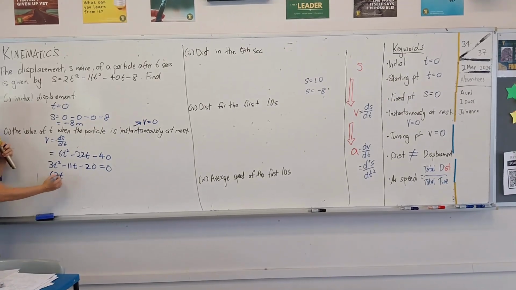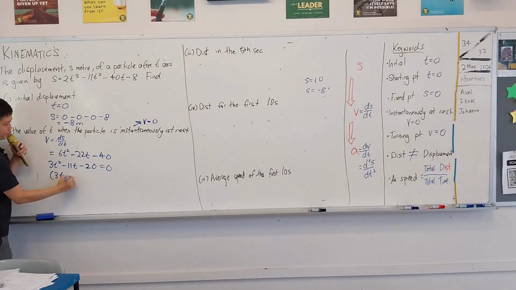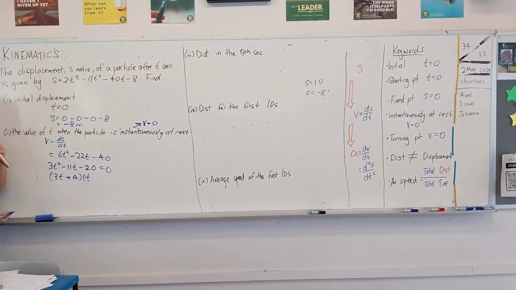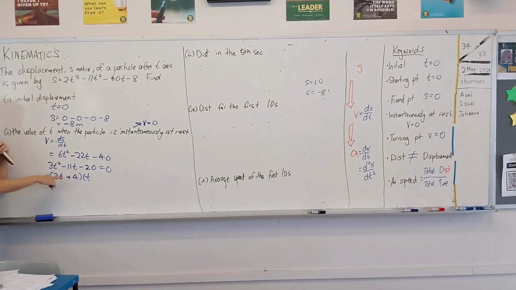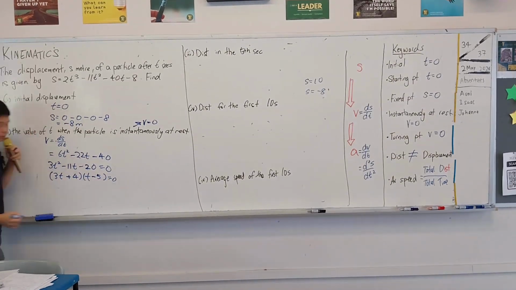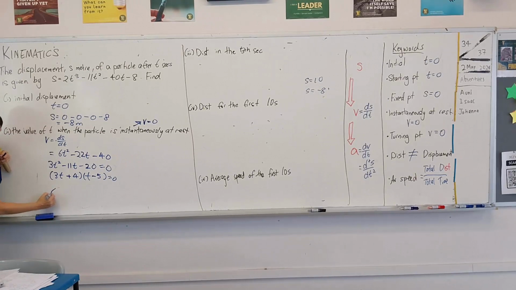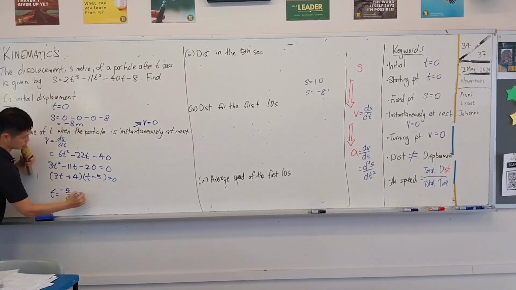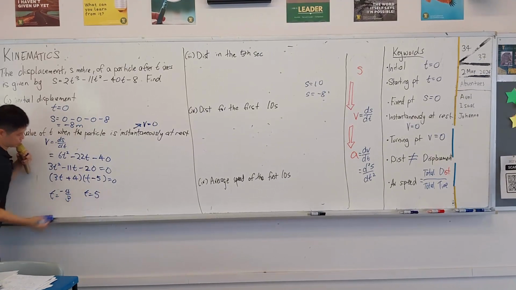So I have 3t plus 4. I just use the calculator, but please write down the working. 3t plus 4, t minus 5 equals 0. t equals negative 4/3 or t equals 5.